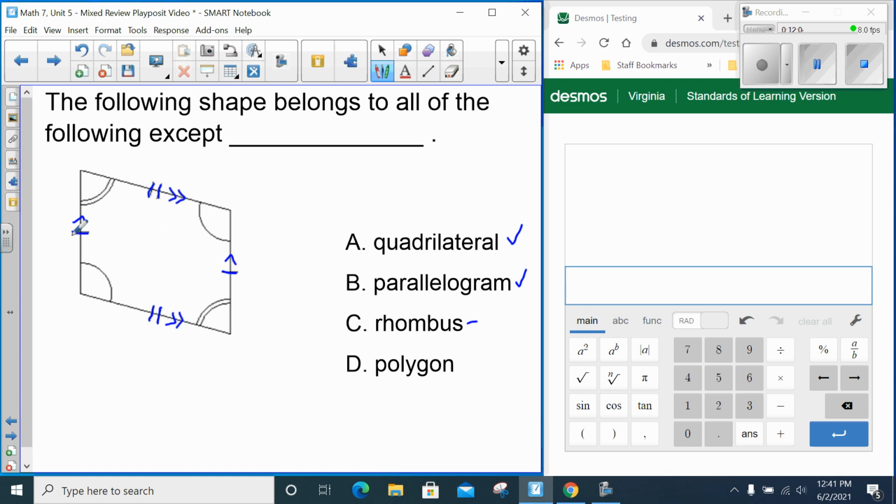This has 1 tick mark and 1 tick mark, but the top and the bottom each have 2 tick marks. So that means the top and the bottom are not the same length as the left and the right. So does this have 4 congruent sides? No. So this shape could be classified as all of these, but it could not be classified as a rhombus because it does not have 4 congruent sides.